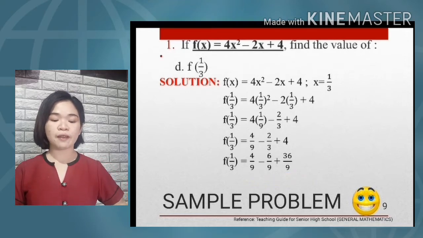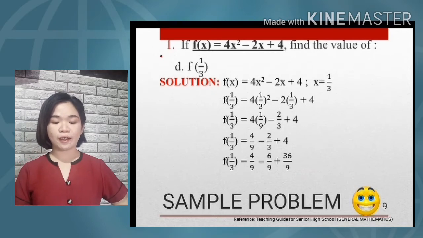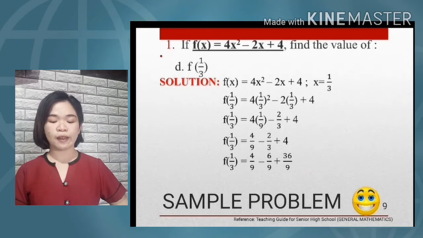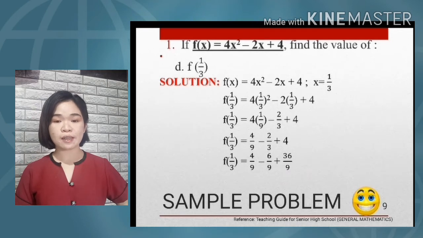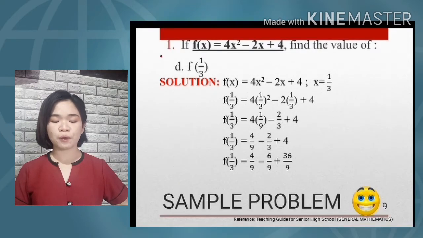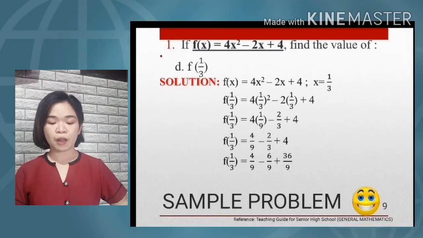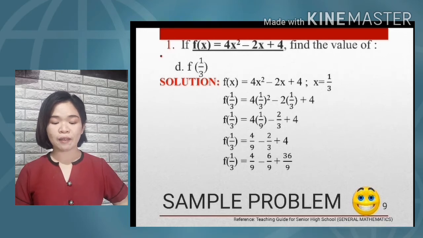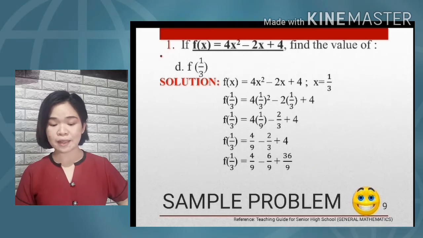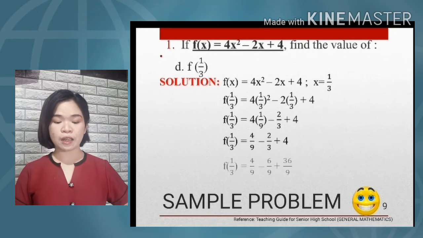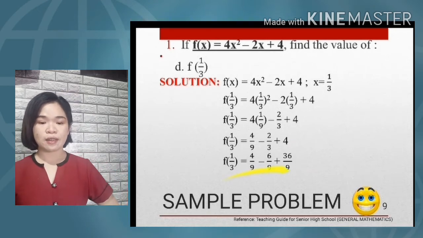So 9 divided by 9 is 1 times 4 is 4. And then copy the operation, minus. And then 9 divided by 3 is 3 times 2 is 6. Copy the operation. And then 9 divided by the invisible 1 is 9 times 4 is equal to 36.